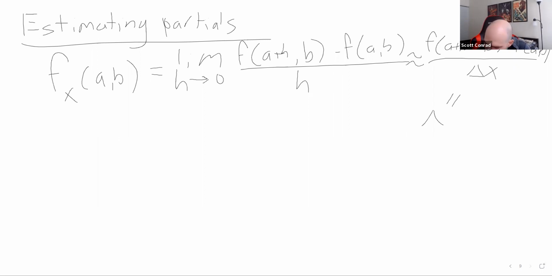So we're just looking at the change in our function when we change x by a little bit, divided by the change in x, at the point (a, b). So that's approximately the partial with respect to x.